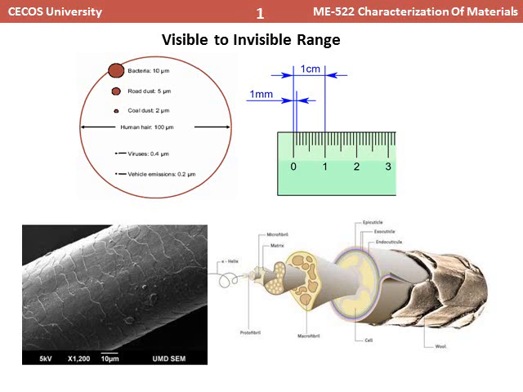So the things become very interesting if we see these objects under sophisticated equipment, as an example, scanning electron microscopy. The bottom left image is taken by scanning electron microscopy at a magnification of 1200 as compared to the normal.